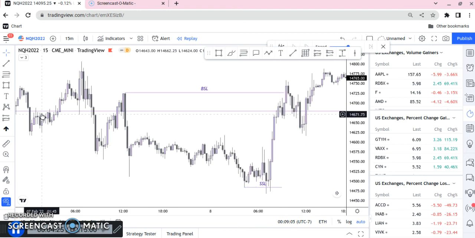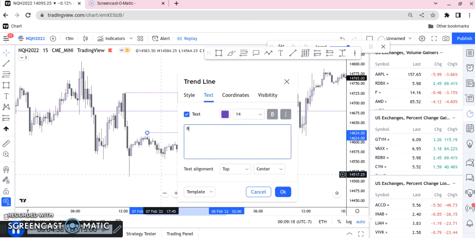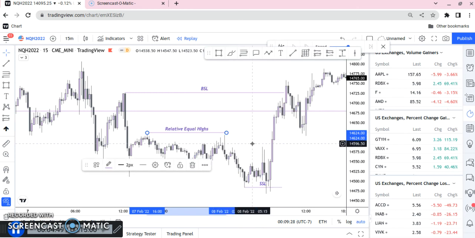Now here would be on a lower time frame, you can see it probably a lot better. Here we have relative equal highs, so this would be a target area. So we can put it as relative equal highs. Just leave it like that.